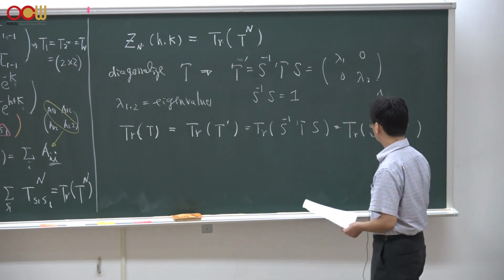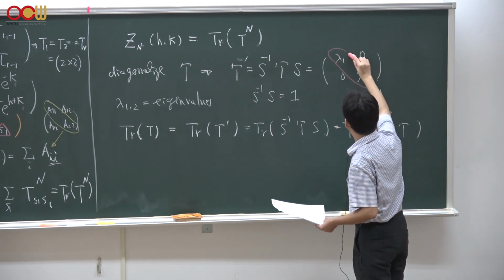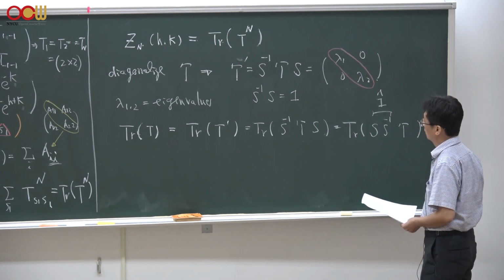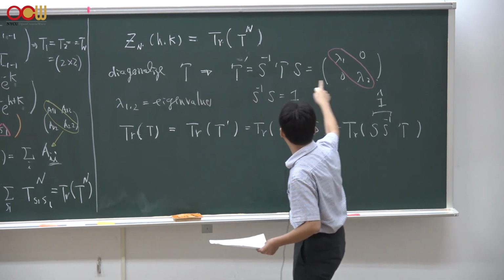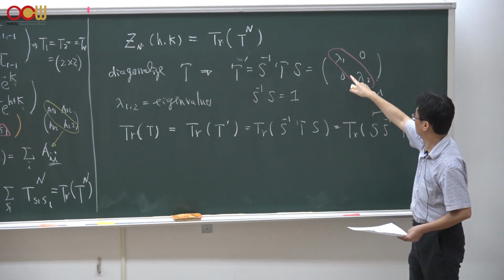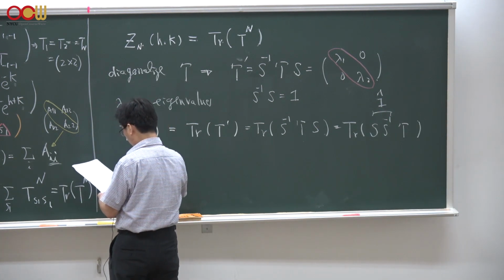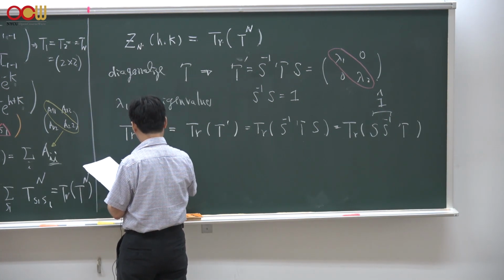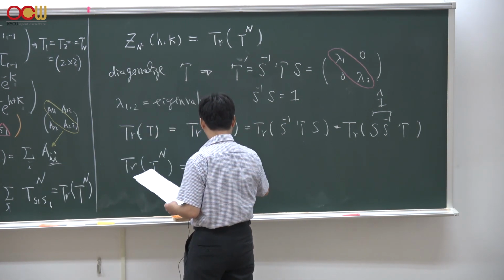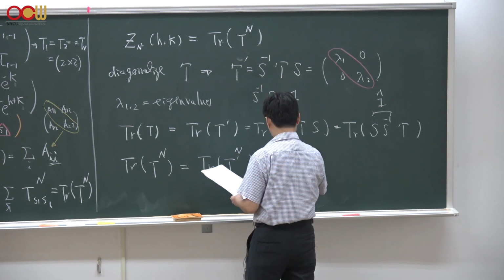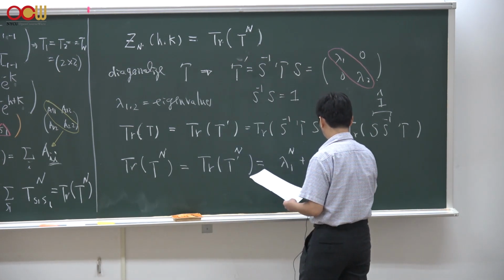In other words, we only need to sum over the diagonal matrix elements of the diagonal matrix T prime, lambda 1 and lambda 2, and that's it. The trace of T prime is nothing but lambda 1 plus lambda 2. But what we want is the trace of T to the power of n. In that case, this is the same as the trace of T prime to the power of n, and that is nothing but lambda 1 to the power of n plus lambda 2 to the power of n.